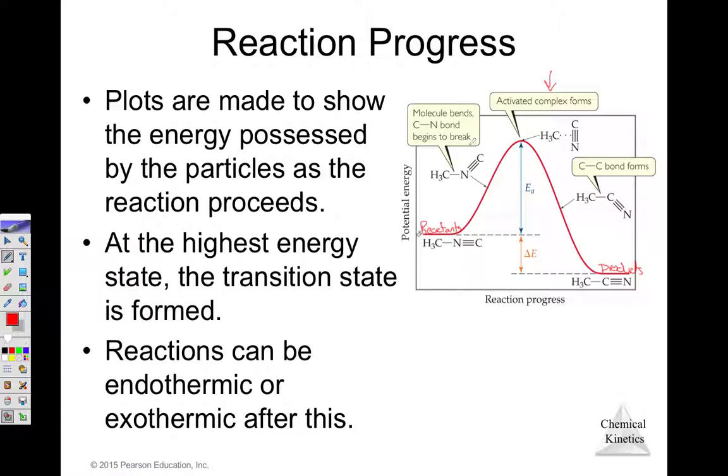All right, this particular reaction, the activation energy goes from right here. Think of this as an XY graph, and there's numbers going up the side. So this is the energy of the reactants, and then up here is the energy of the activated complex. That difference is EA. What's EA? Activation energy.